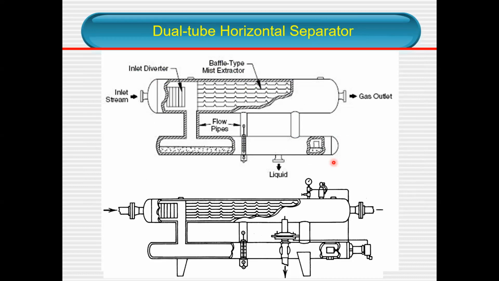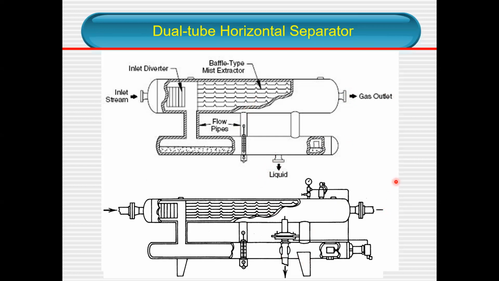Basically, this is the schematic diagram of the dual tube horizontal separator for the inlet stream, and you have all sorts of devices over here. The main elements are, again, the gas is separated out, and the liquid is separated here. Both of these are basically two-phase separators, but you have two.